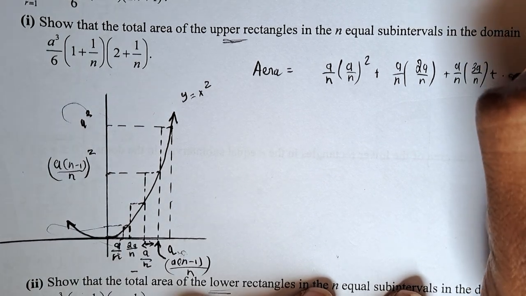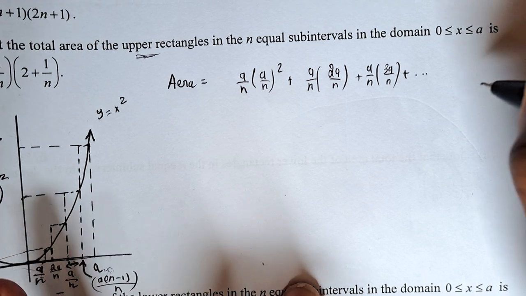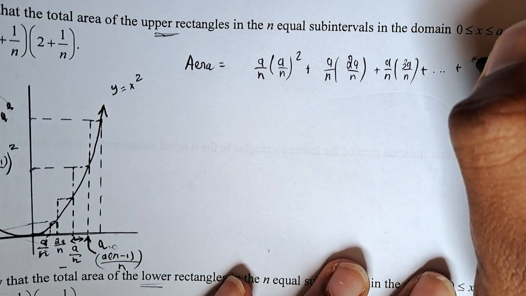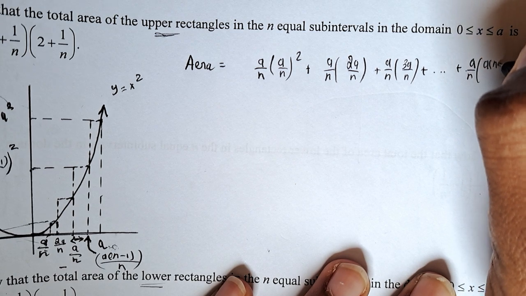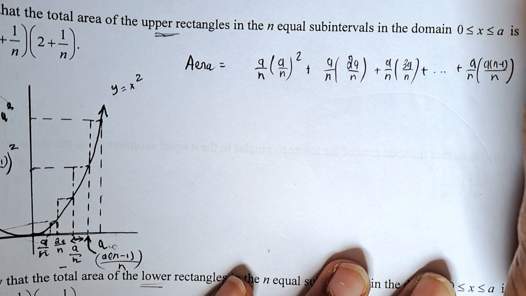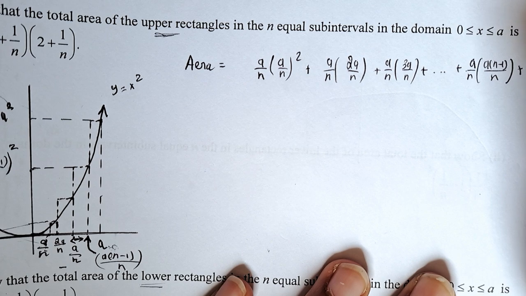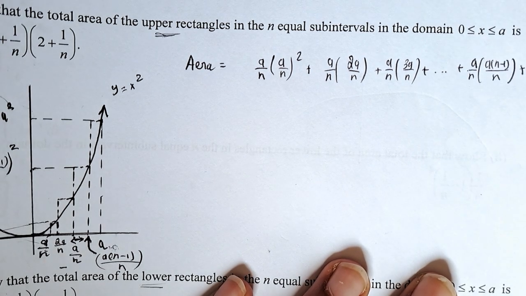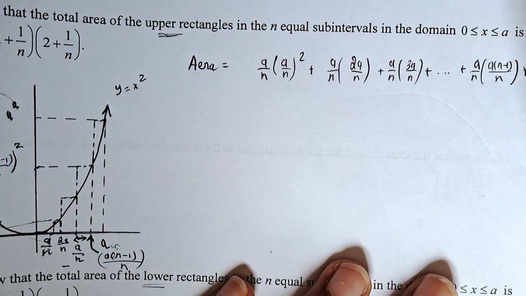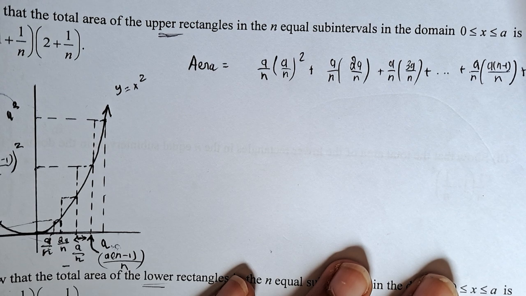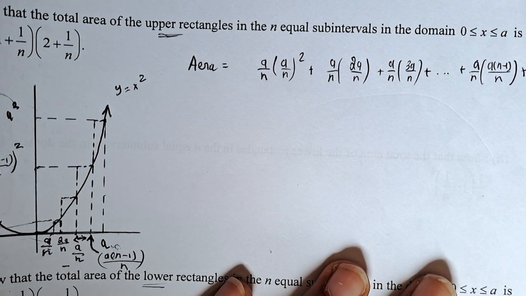And this will continue dot dot dot, all the way up until a on n into a n minus 1 on n, plus a on n times a on n. We can just write this as a, but to make it easier for us to visualize it later, it's going to be helpful when we write it as a and n on n.